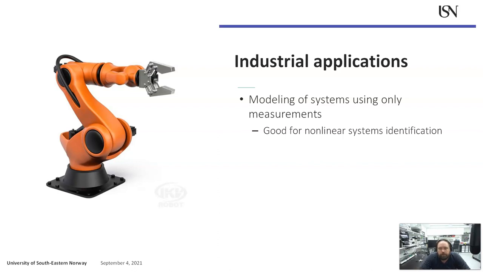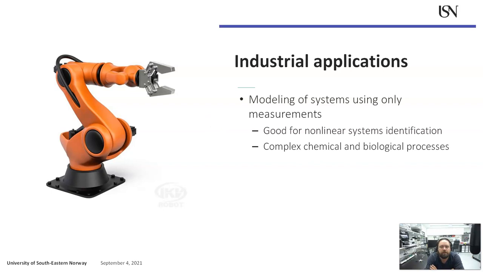One such example is very difficult nonlinear systems, or identification of very difficult nonlinear systems, where the traditional system identification techniques don't work because they tend to assume linear state transitions and so on. There are some interesting applications to machine learning there.